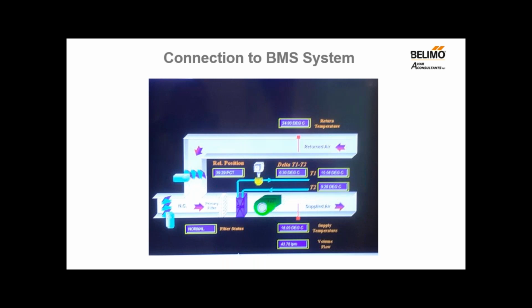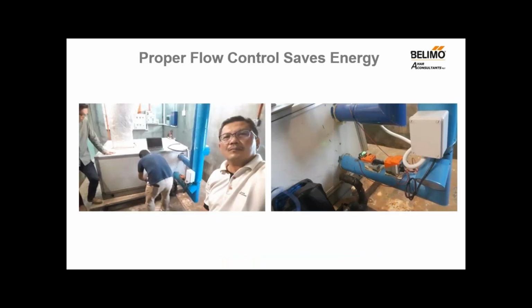We connected the valve directly to the BMS system using a simple electronic connection. These are some photos of the installation. The photo on the left shows a Belimo representative downloading some data directly from the EV for us to cross-check against the data read by the BMS.